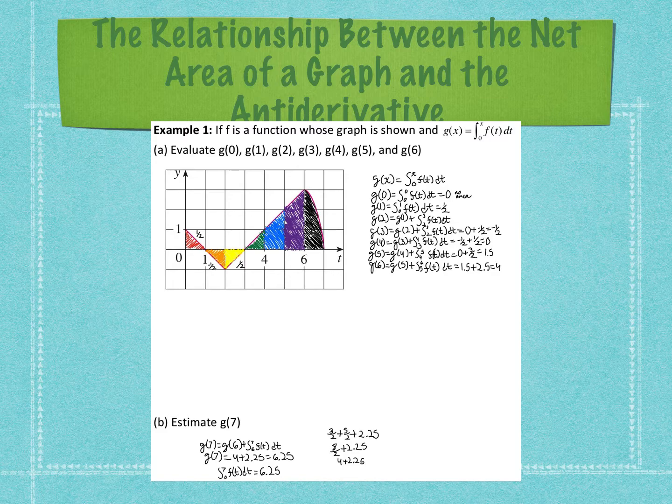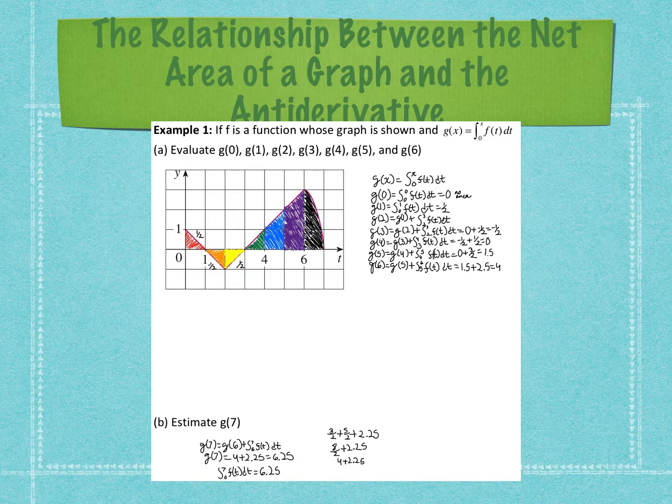And then g of 3 is g of 2 plus the integral from 2 to 3 of f of t dt, which becomes negative 1/2. Then g of 4 is g of 3 plus the integral from 3 to 4 of f of t dt, which equals 0.